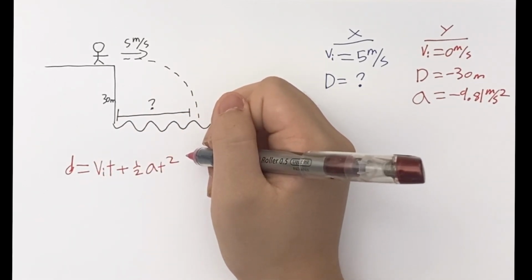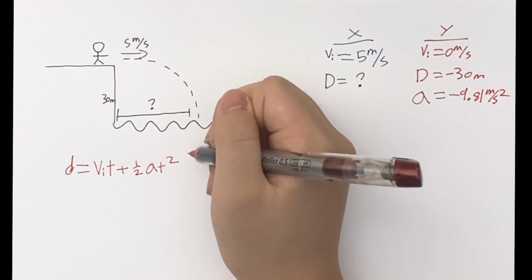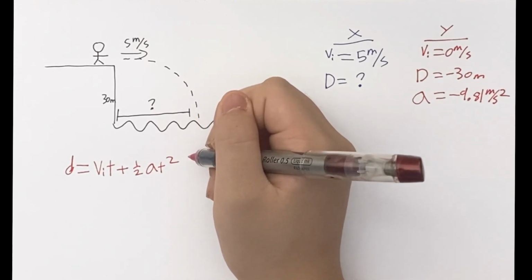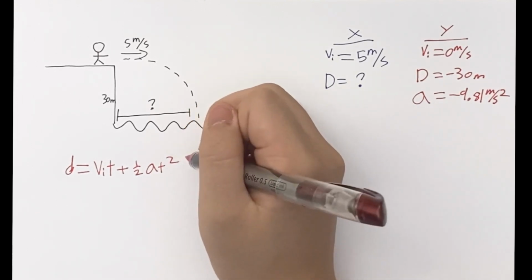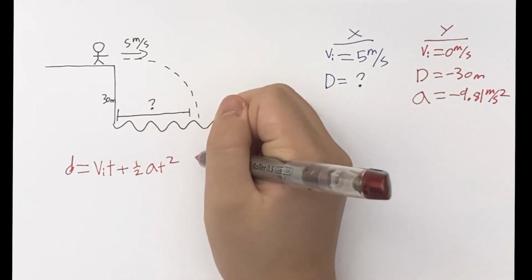Now it's important to note that when you're solving a problem with more than one dimension, you can only use values from the same dimension in the same equation. So in other words, you either have to have all x values or all y values. In this case, we'll be using all y values.